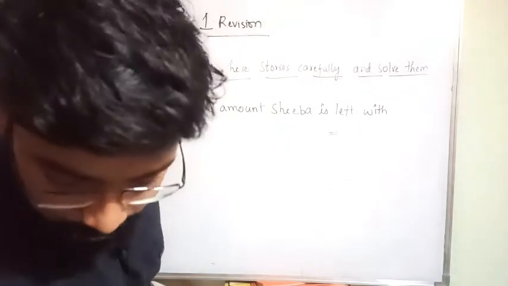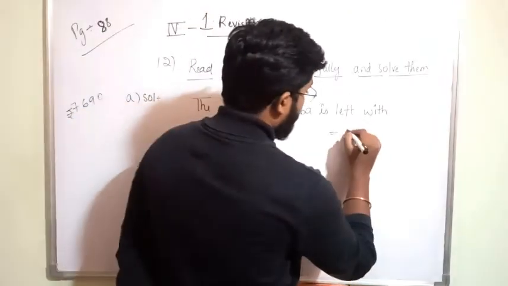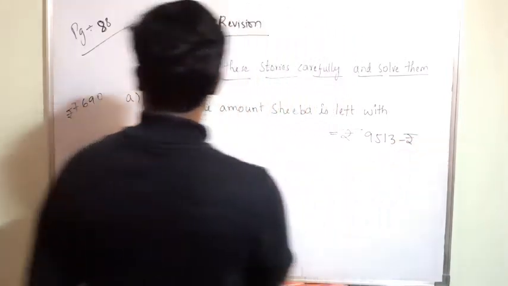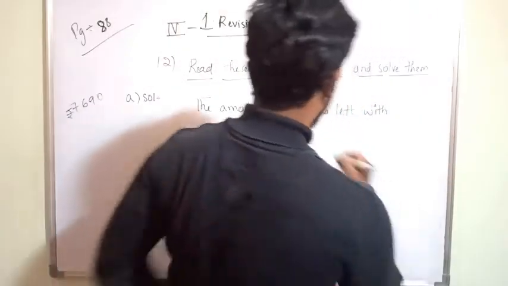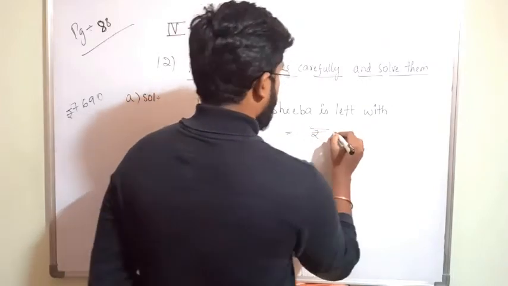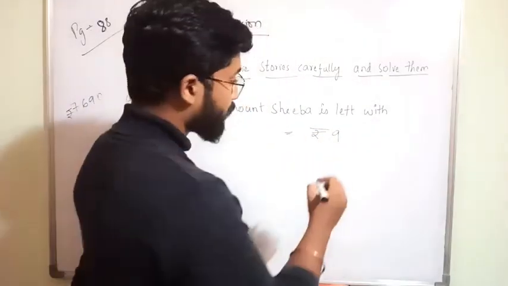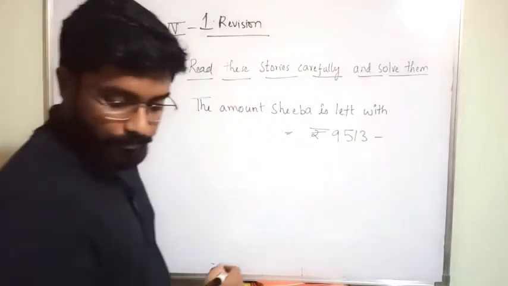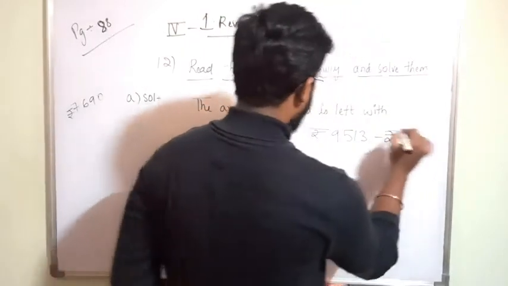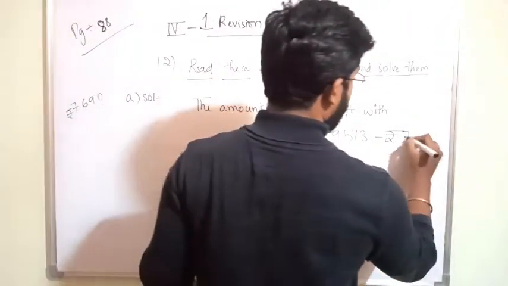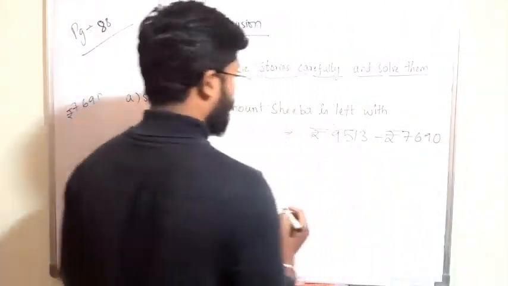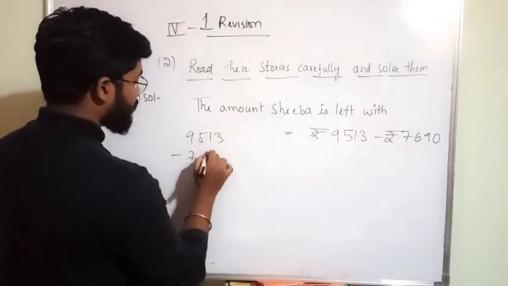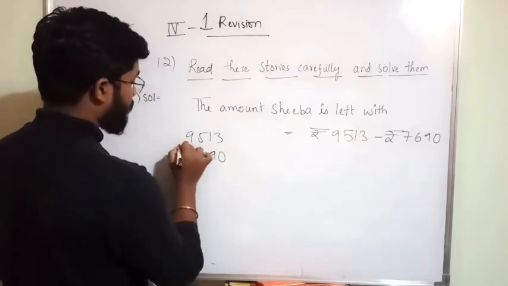Total amount is rupees 9513 minus rupees 7690. So what is that? 9513 minus 7690. You have to do the subtraction.